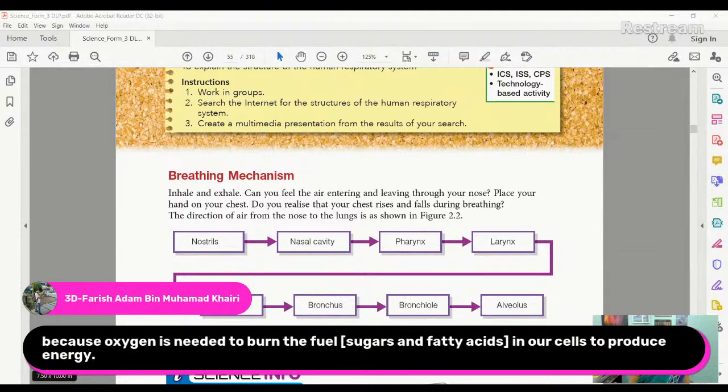There you are, the answer from Pachi Google. Because oxygen is needed to burn the fuel. You need to oxidize the glucose in order to obtain the energy. So for this process, you need oxygen. Glucose can only be oxidized by oxygen. Of course, the name is also oxidized, right? So that is why we need oxygen, not other gases.